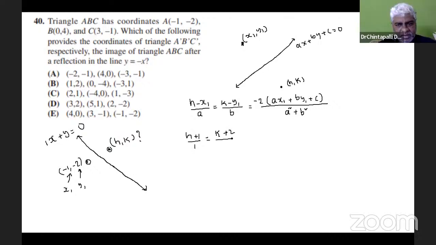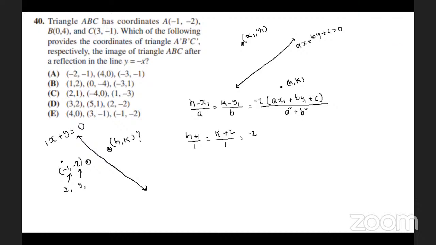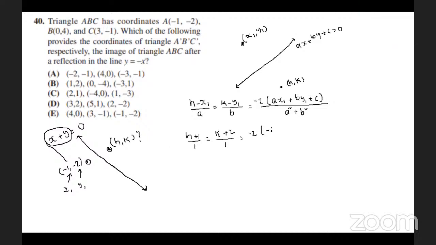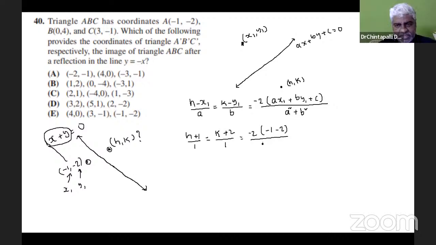Very good. What to do now? Minus 2 times of, just plug in this point in this part. -1, -2. Minus 2 times of -3, whole by 1 plus 1, right.